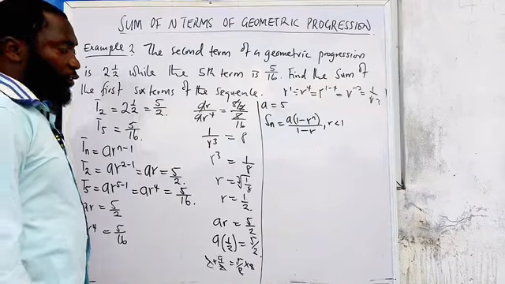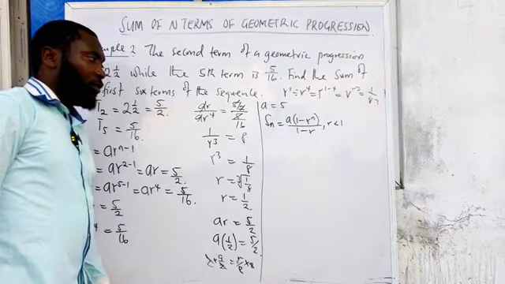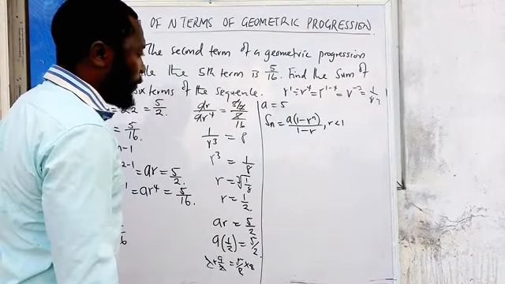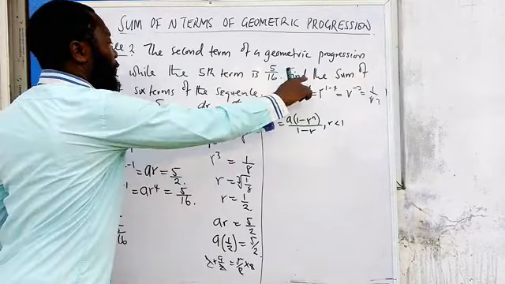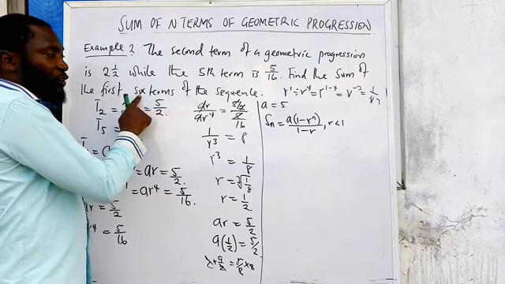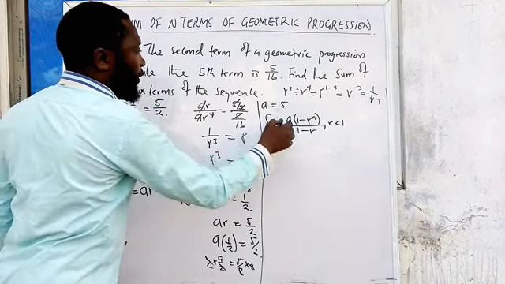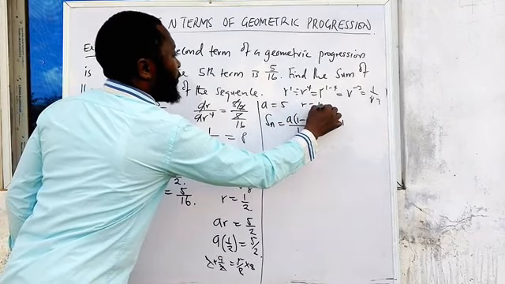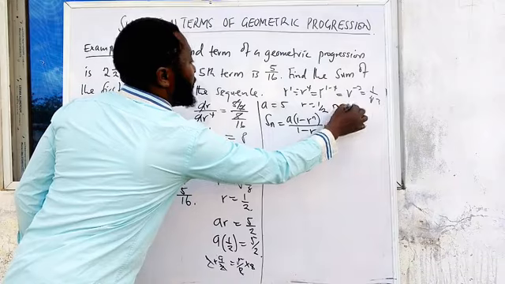Now let's substitute the known values in the question. The question says find the sum of the first 6 terms, so our n equals 6. A is 5, r is half, and n is 6.